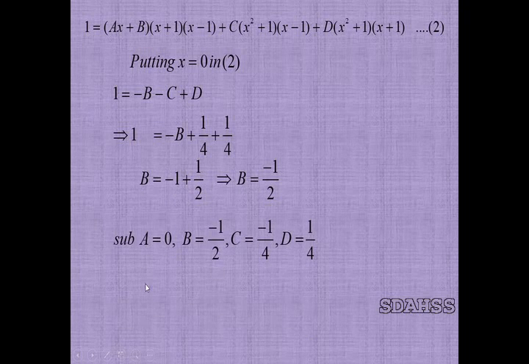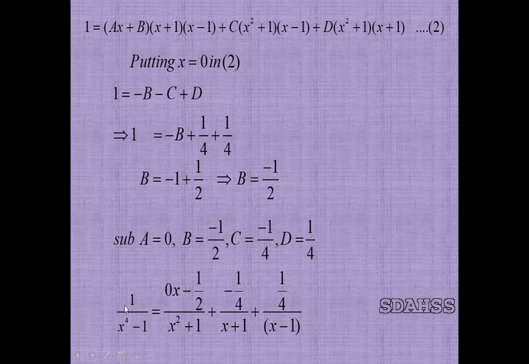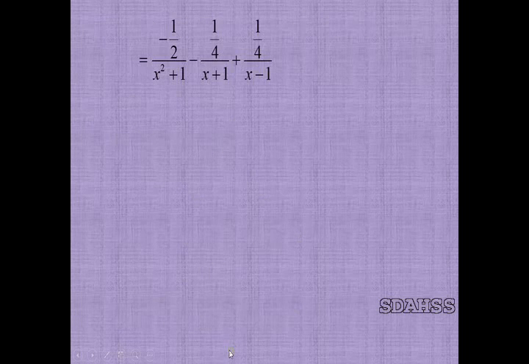Now substitute all the values, a is equal to 0, b is equal to minus 1 by 2, c equal to minus 1 by 4, d equal to 1 by 4 in the first equation, so you will get 1 by x power 4 minus 1 is equal to 0 by x, minus 1 by 2 divided by x square plus 1, plus minus 1 by 4 divided by x plus 1, plus 1 by 4 divided by x minus 1.